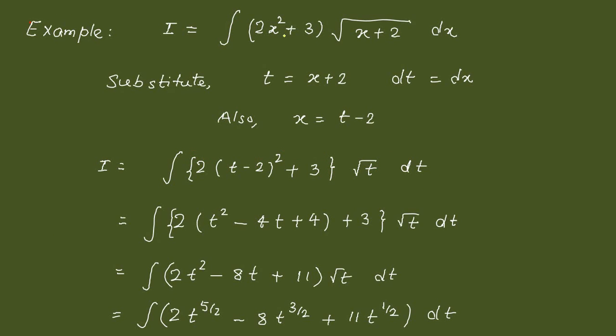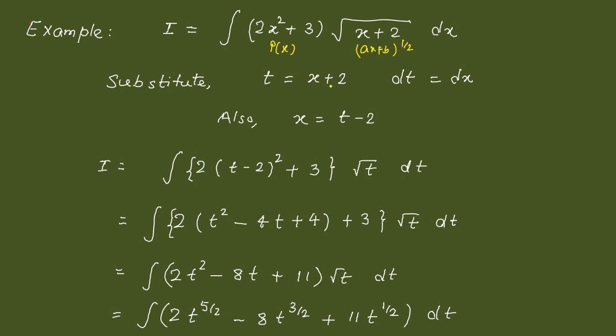Suppose I have the polynomial p(x) as 2x square plus 3, and this is the linear times to the power half here, because the power can be any real number. Of course x plus 2 can be substituted for t.